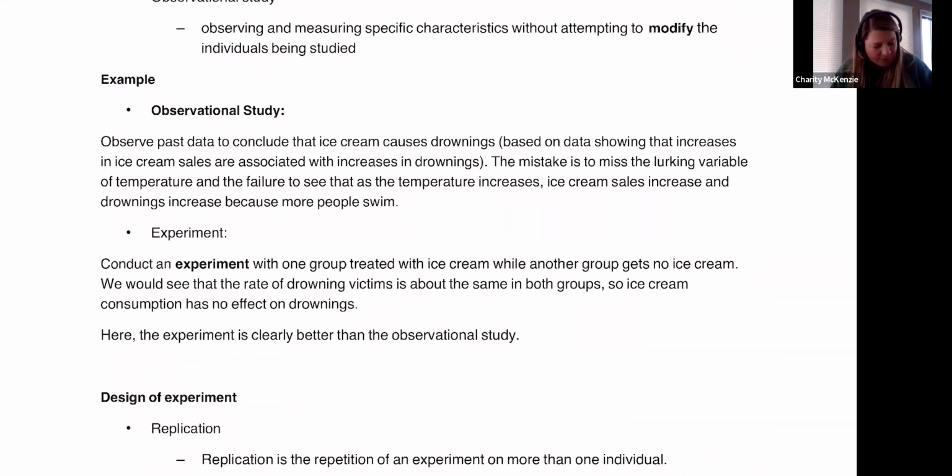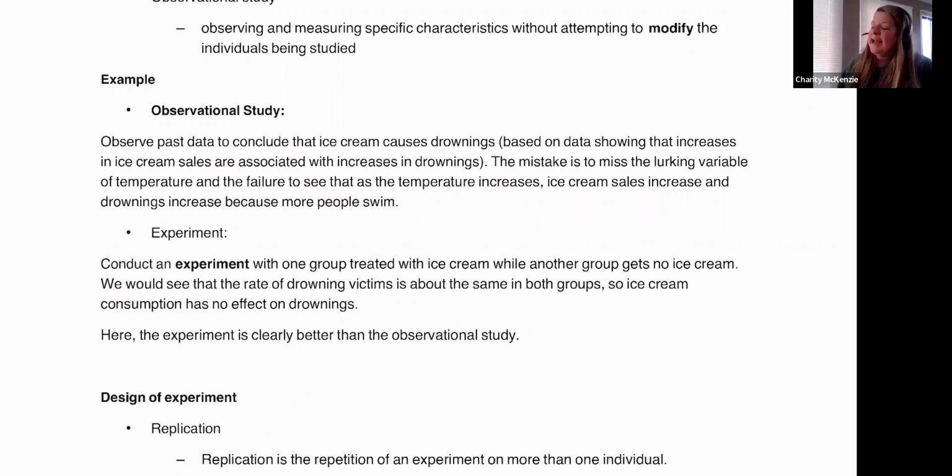Okay, so experiment. I'm going to do an experiment with one group treated with ice cream while another group gets no ice cream. We would see the rate of drowning victims is about the same in both groups. Excuse me. So the ice cream didn't have an effect. So if I really want to do an experiment, I give these people ice cream.